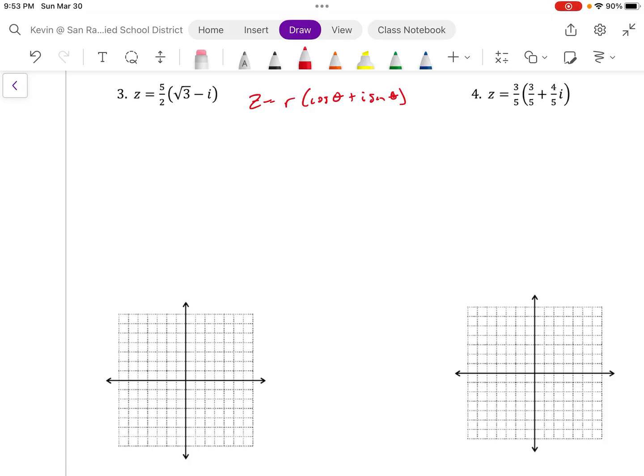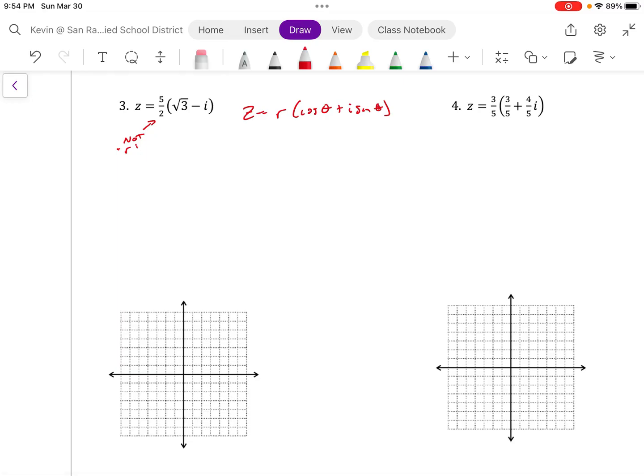So we want to be careful. We don't want to sit there and say this isn't really our r. Okay, so let's be careful. That's not r. If we want to rewrite this, what could we distribute out?